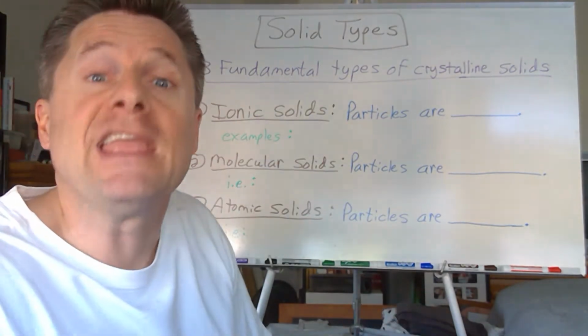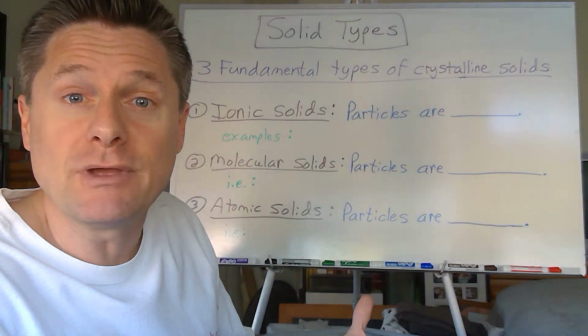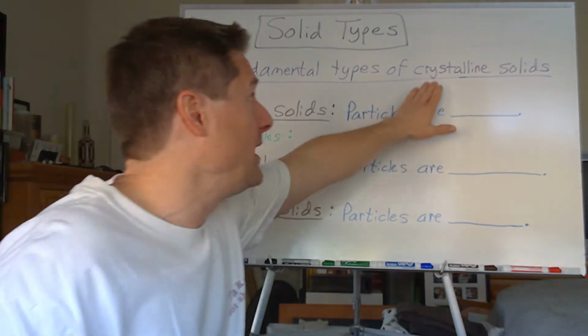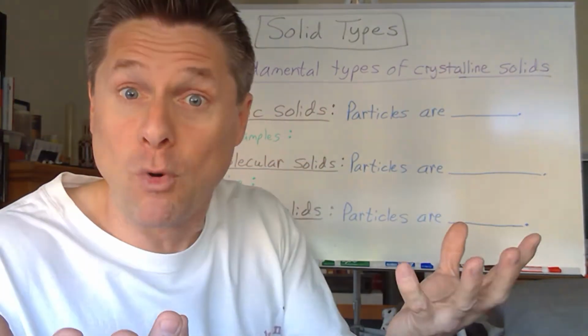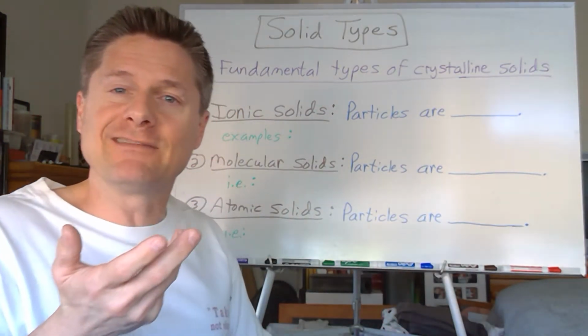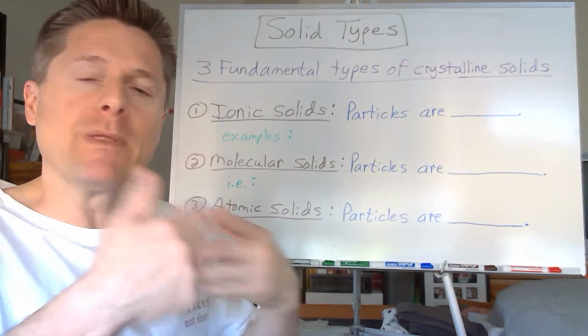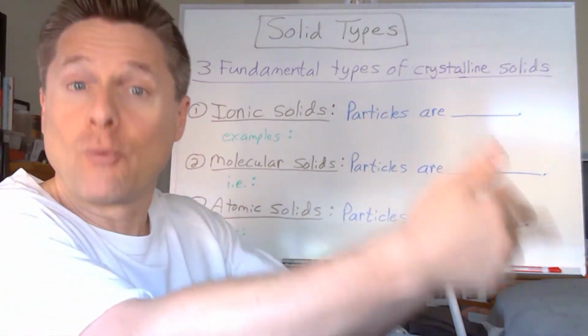Let's just look at the three most fundamental types or classifications of solids you could have. Really, the most fundamental would be crystalline versus amorphous, right? And we're only going to focus on crystalline solids. So crystalline solids, we'll find out in later videos, have a very repetitive or repeating structure, long range, right?